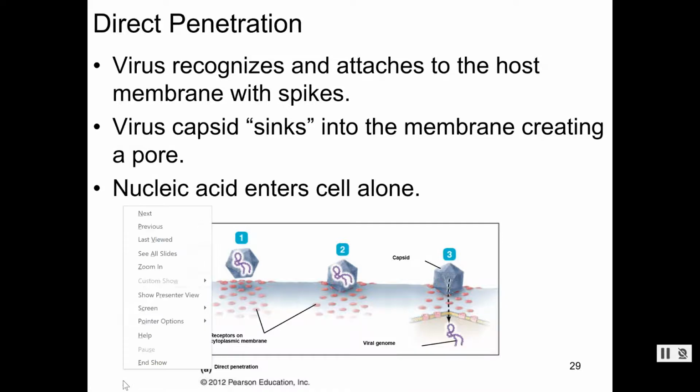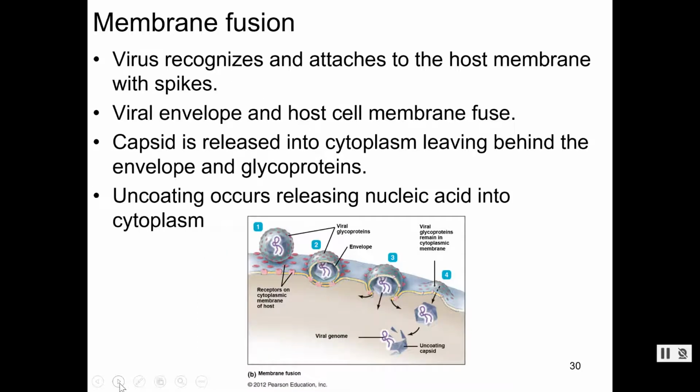All right, let's do the next one. There's another entry method called membrane fusion. If we're talking about fusing something, we need at least two things, right? So if we're talking about membrane fusion, we need two membranes. One of those is going to be the host membrane.